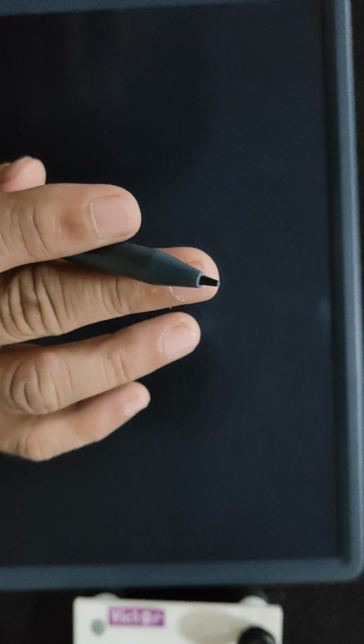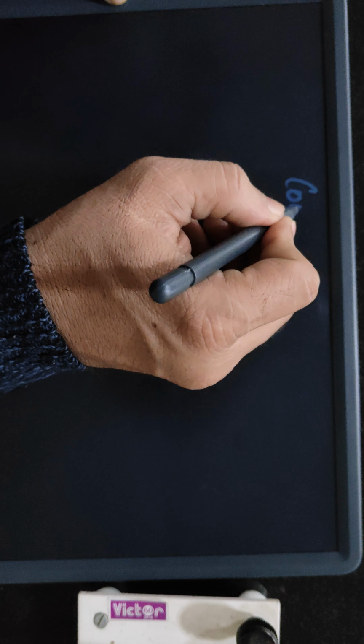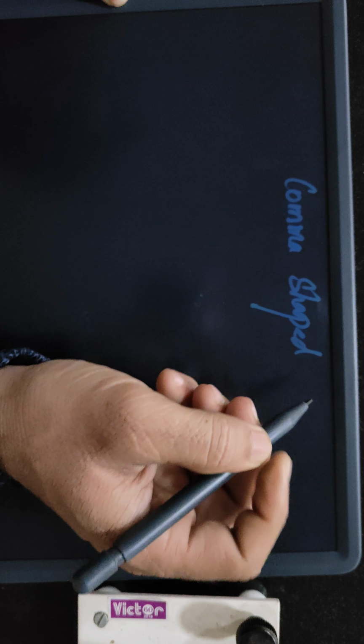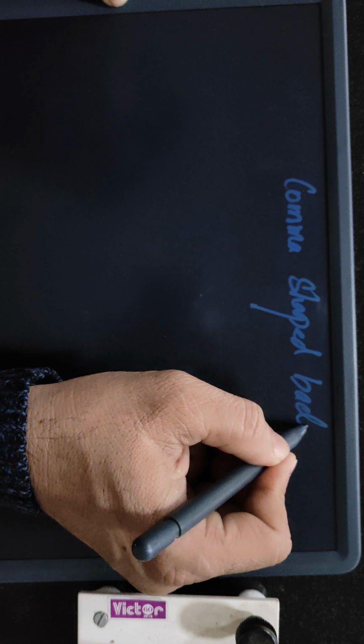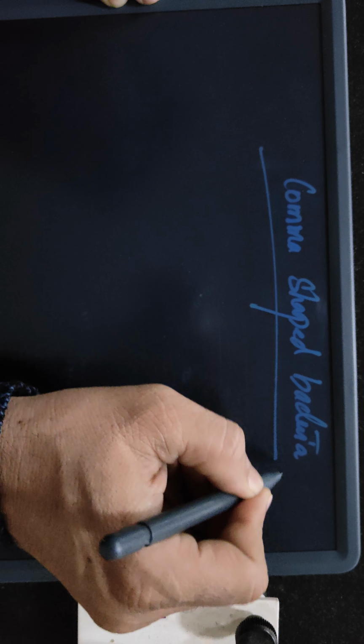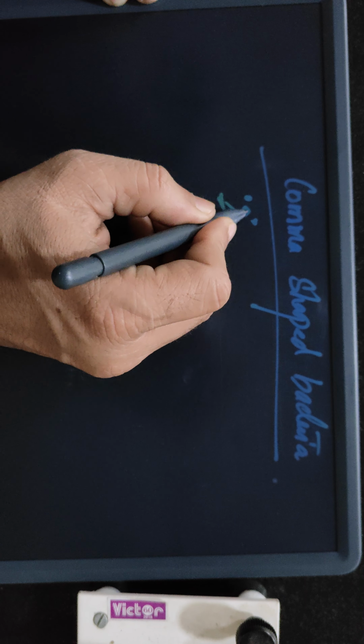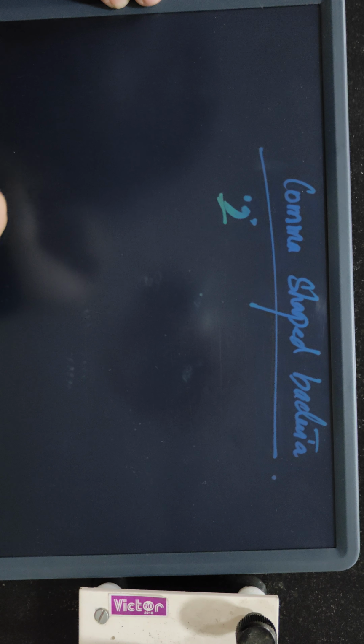Along with this, you also have comma shaped bacteria. Very easy to remember. It will be in the form of a comma.